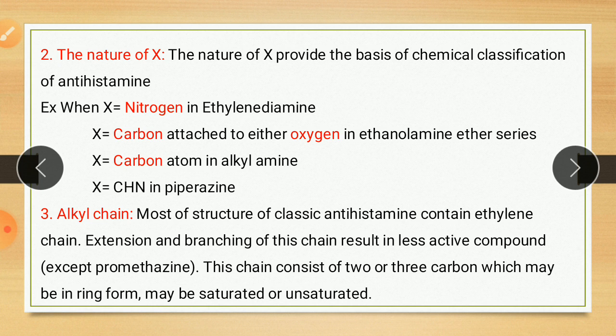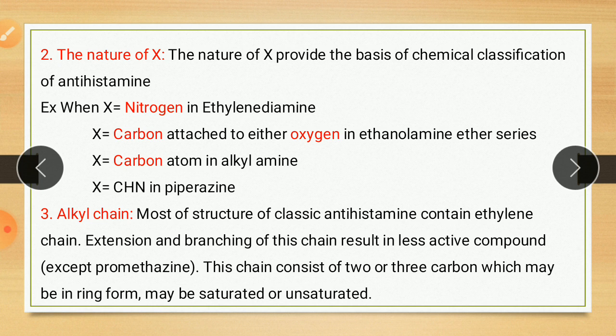When X equals carbon attached to oxygen, it is the ethanolamine ether series. Here X contains carbon which is attached to oxygen, that is an ether group. Similarly, when X equals carbon, then it is the alkylamine class. And the last one is X equal to CHN, which is seen in piperazine derivatives.